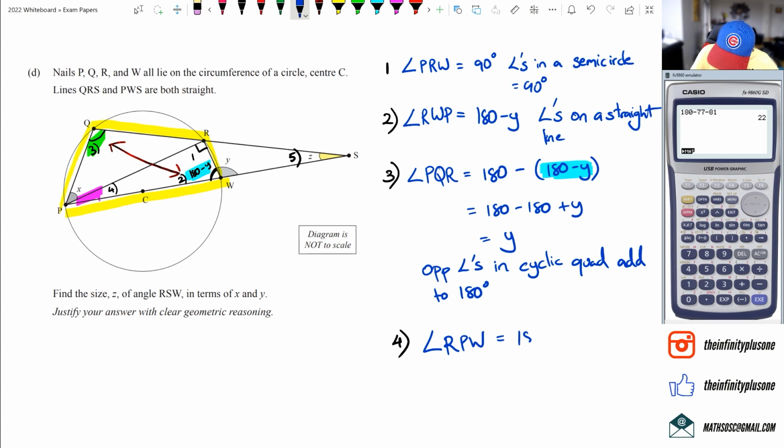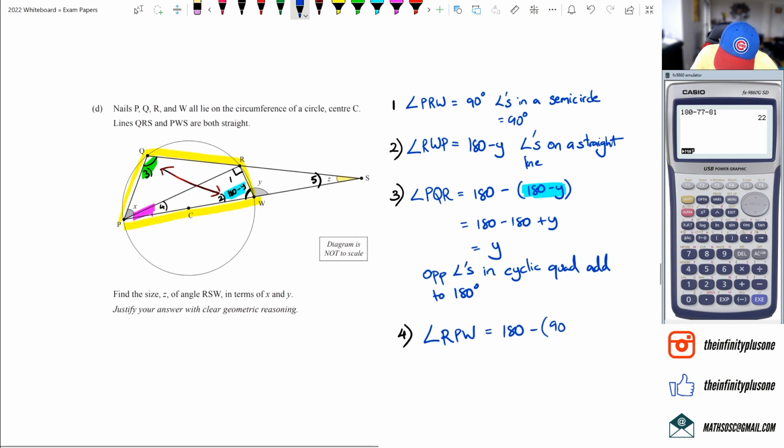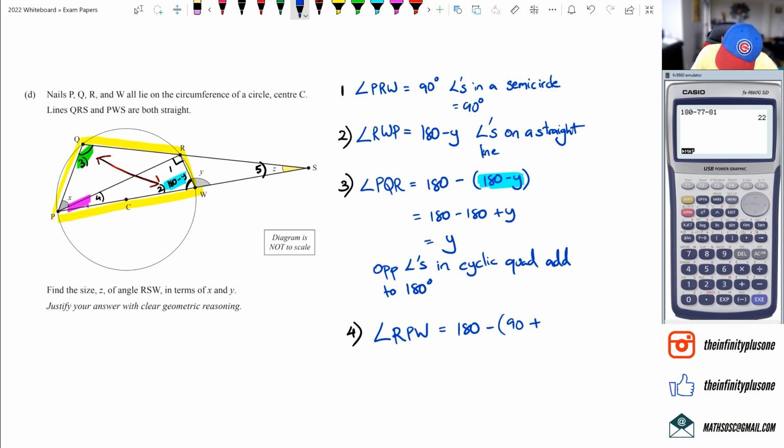RPW is going to be 180 take away 90 plus 90 plus 180 take away Y. Now I've got to expand the brackets, which means I'm going to get 180 take away 90 take away 180 plus Y. Am I missing something here?